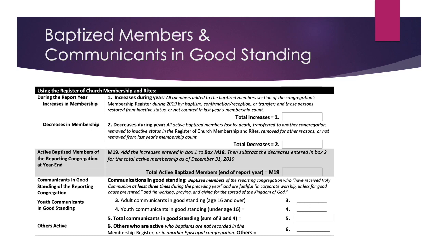Maybe a few years ago someone left the church or got inactive, and so you move them off of the active membership list, and now they've come back this past year, and so you're restoring them from inactive status. That's an addition. And then there's some that you just forgot to count, or you didn't have good record keeping in the past, and so you've had to catch up the count. And so all those can be in your total increases.